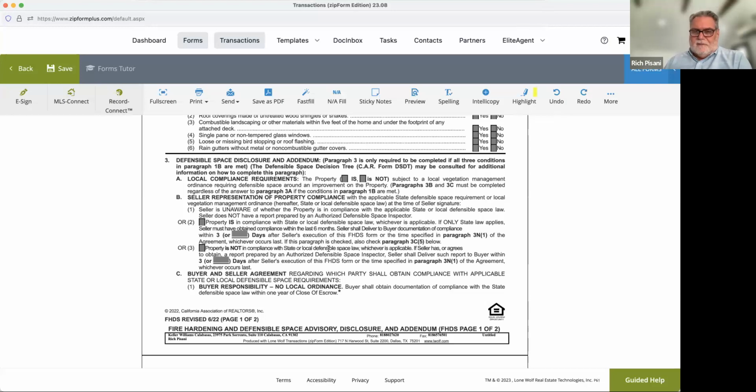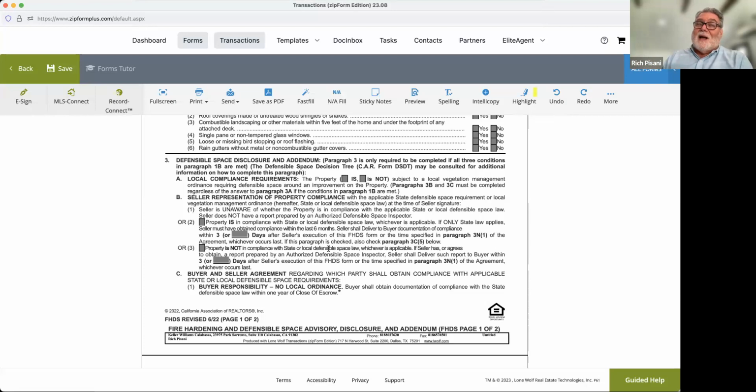So here's the thing. In Southern California, and I said this at Calabasas' team meeting on Tuesday, it is not required for the seller as a point of sale to get this report done. I know that on CAL FIRE's website, they say it is required.